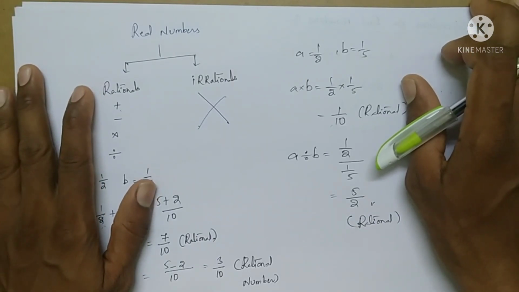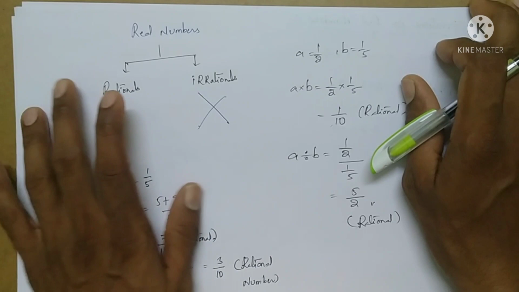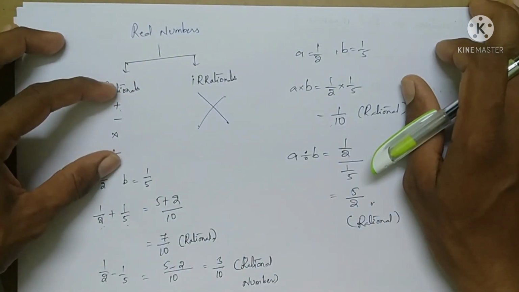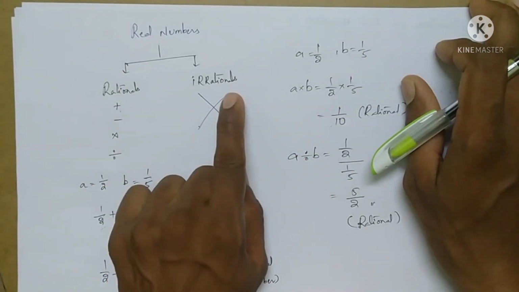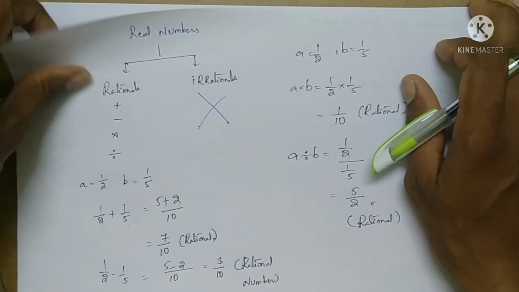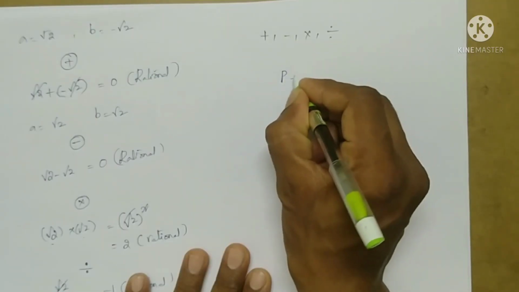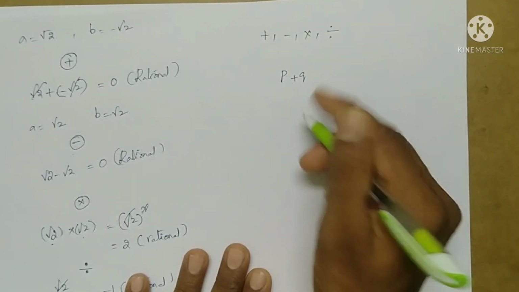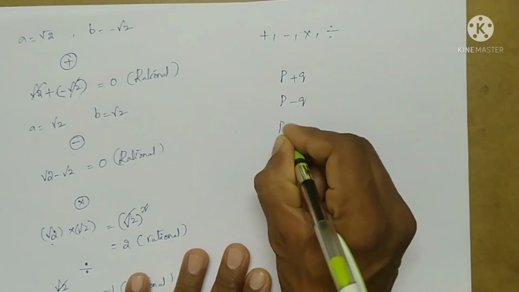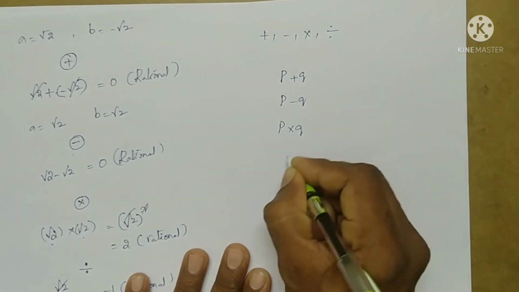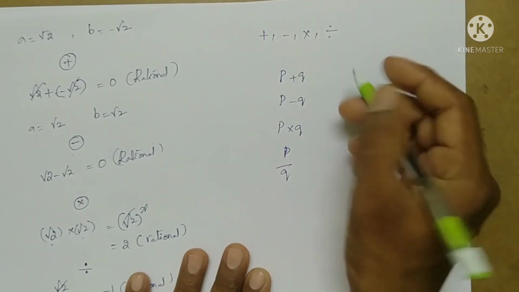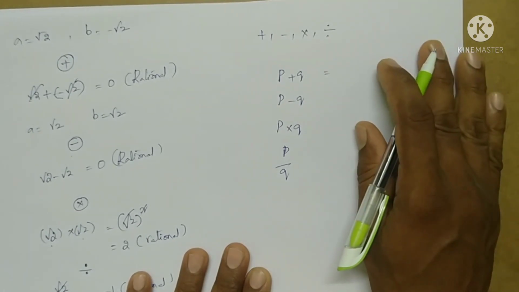But the combination of rational and irrationals associated with these four operations is always an irrational number. So let us see: P plus Q, P minus Q, P into Q, P by Q is equals to irrational.